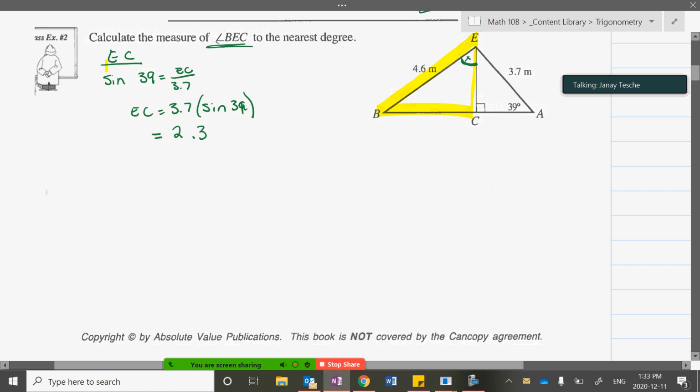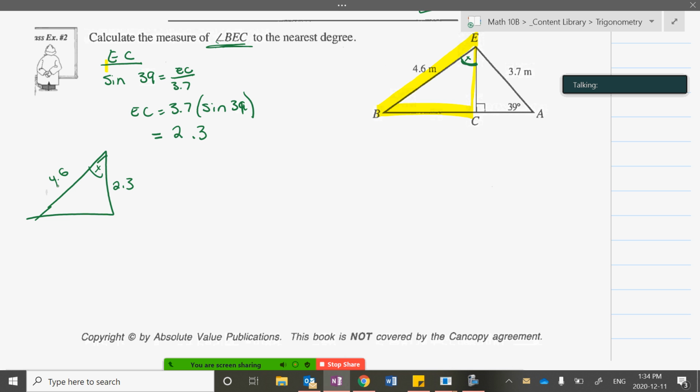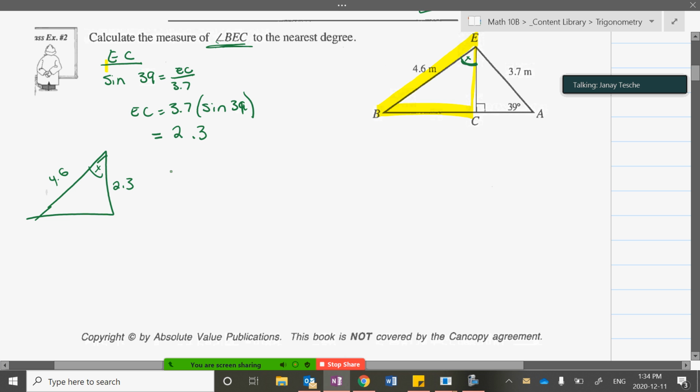Yeah, go ahead. Okay, so now on our second triangle, we have that piece of information that we're given. So x, 2.3, 4.6. Which trig function am I going to use to solve for x? Good. So we have adjacent and our hypotenuse.